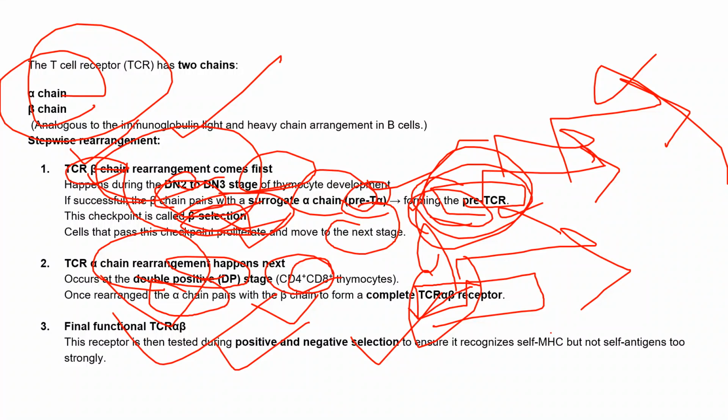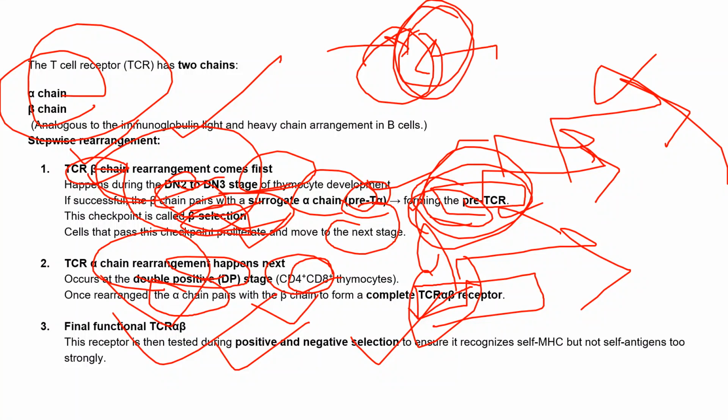Then this functional TCR alpha beta goes for positive and negative selection, to ensure that they can recognize the self MHC molecule of normal cells, and also that they will not strongly bind with the self antigens of our own body. We call that negative selection.